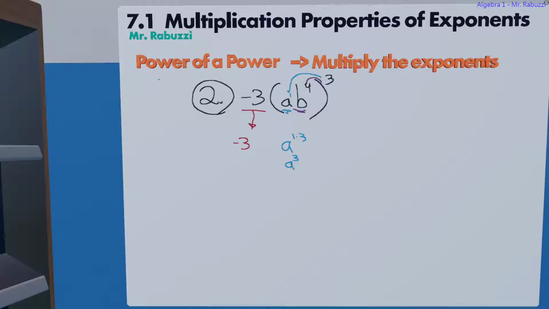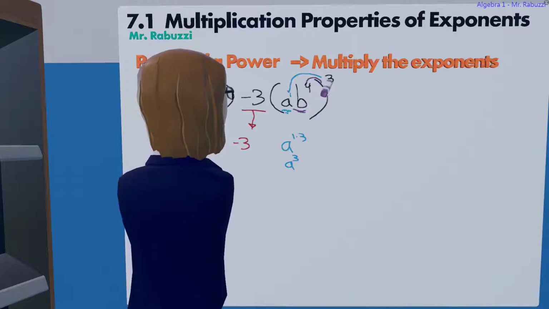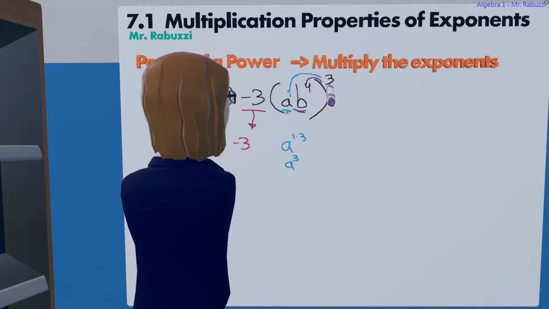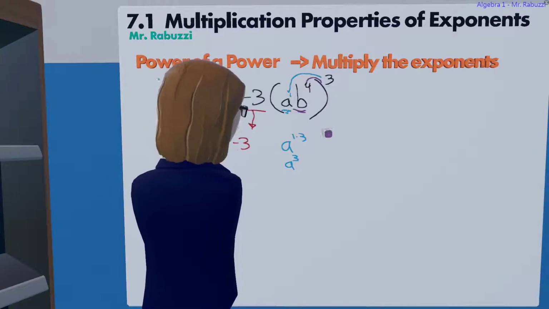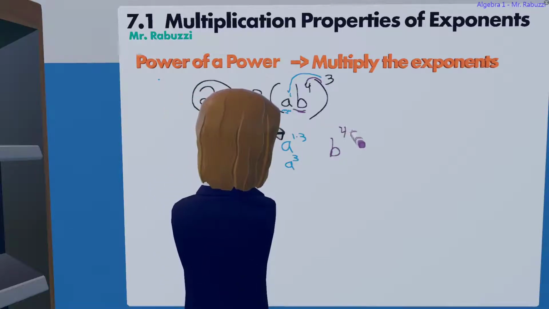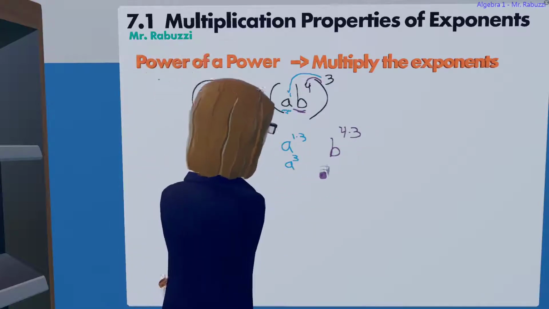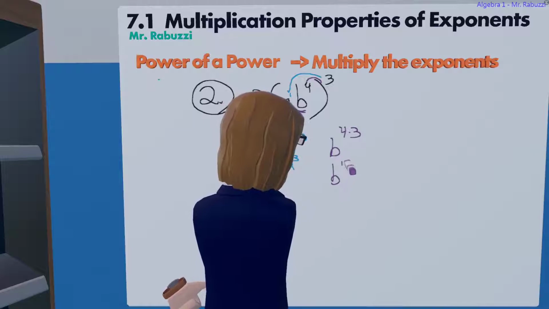Okay. Then let's look at the b. b has a power 4 and a power of a power 3. So we need to multiply. b to the 4 times 3, which is b to the 12th.